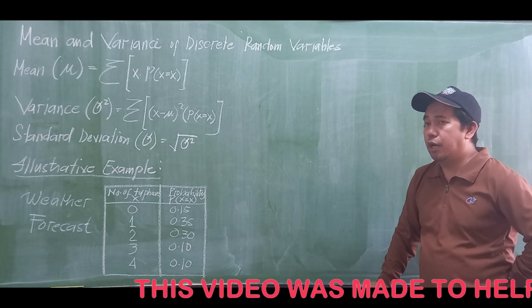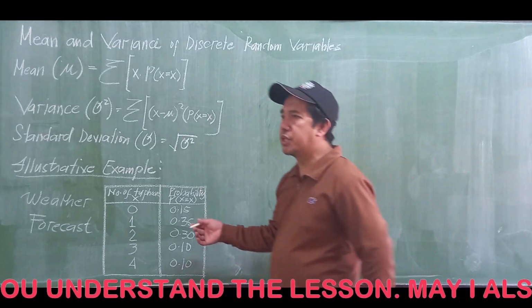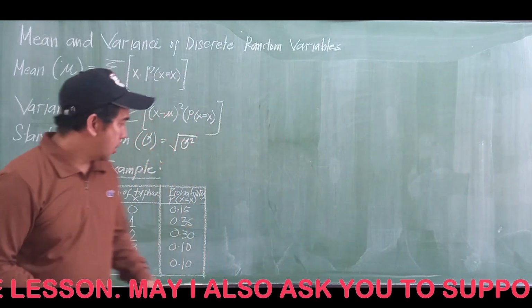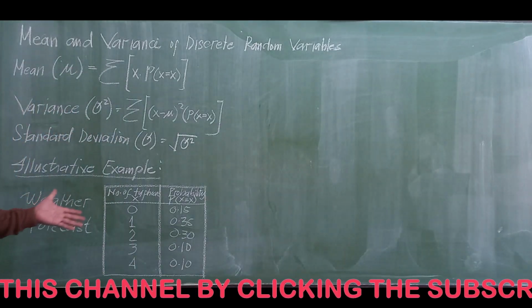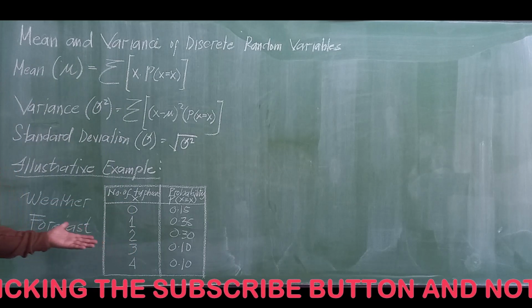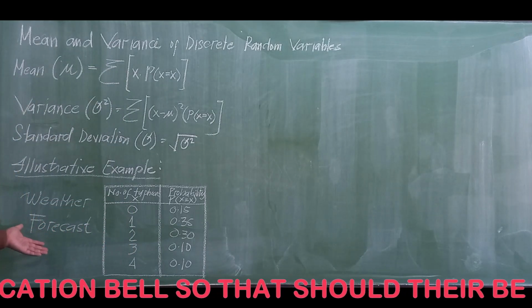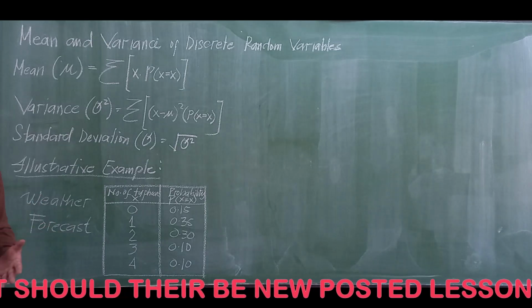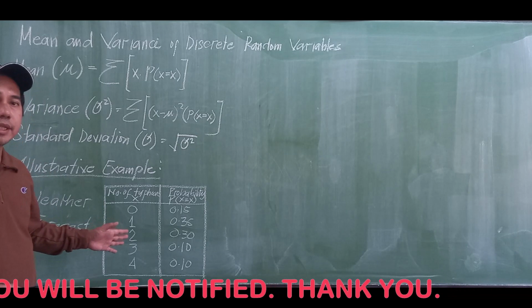To illustrate how to get the mean, variance, and standard deviation, we have to consider an illustrative example. This table is a weather forecast about the number of typhoons in a month.